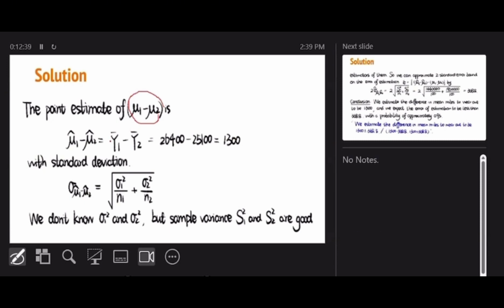The point estimator for that is Y bar 1 minus Y bar 2. When I subtract, the point estimate is actually 1,300.